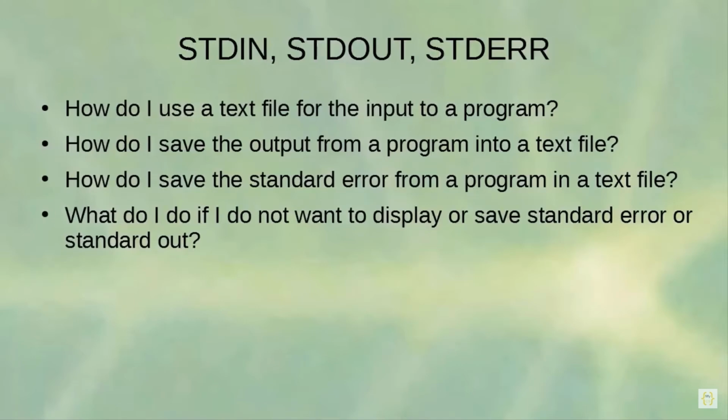And standard error is what you print to the screen if you wanted to put out error messages. So how do I redirect from a file to standard in, or out from standard out into some other file? Let's go ahead and take a look at some of those things right now.